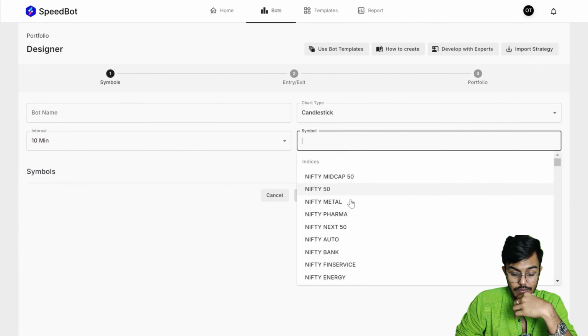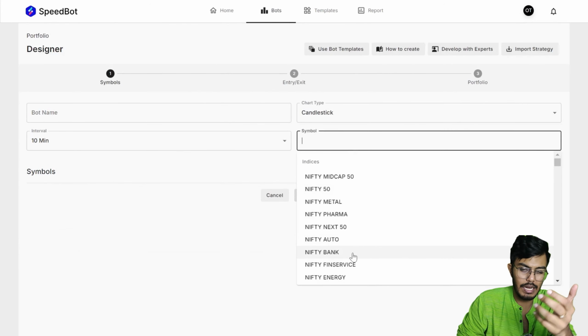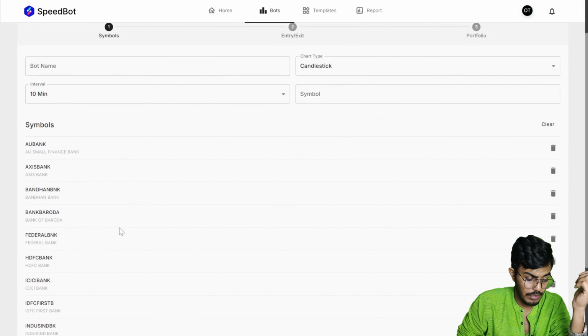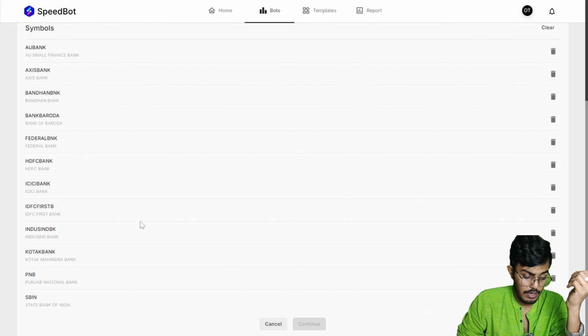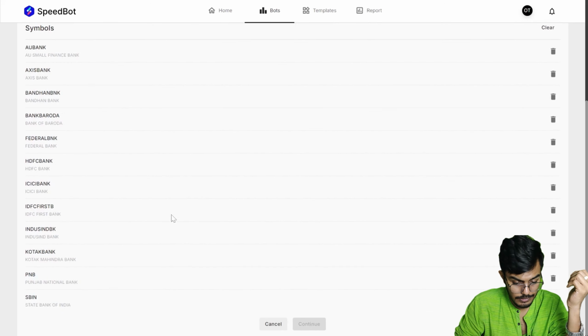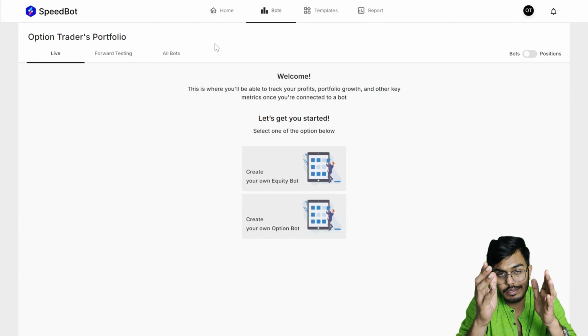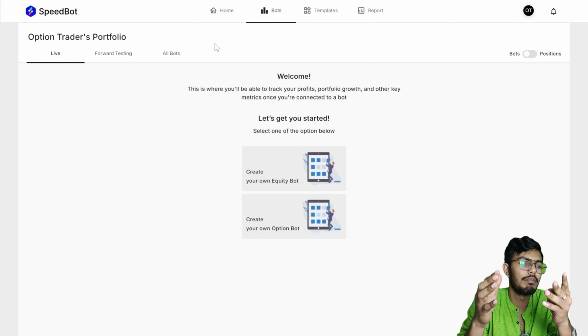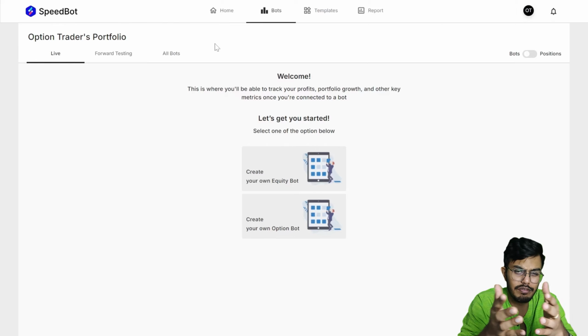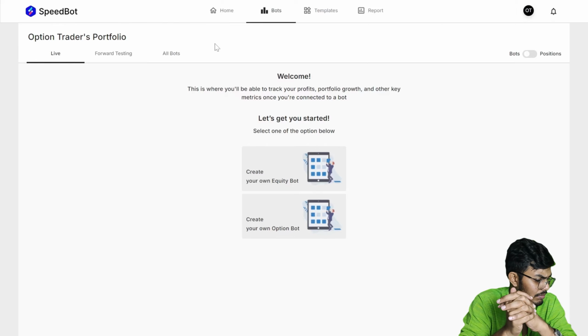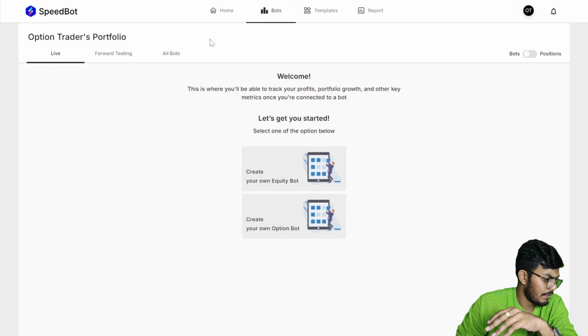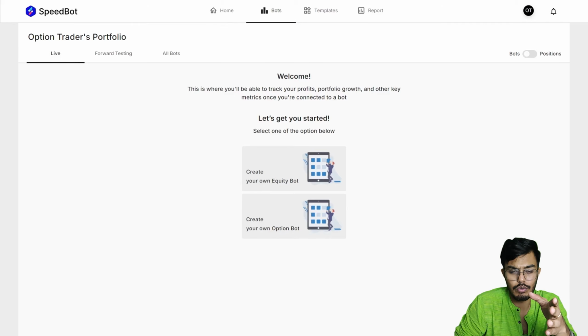Apart from that, let's say if I'd like to go for the Bank Nifty symbols, I'll be able to add over here like this. So these are the set of symbols that we have. It comprises mainly the Nifty 500 stock symbols, as far as I remember. So I believe that answers your question, Mr. Vijay.